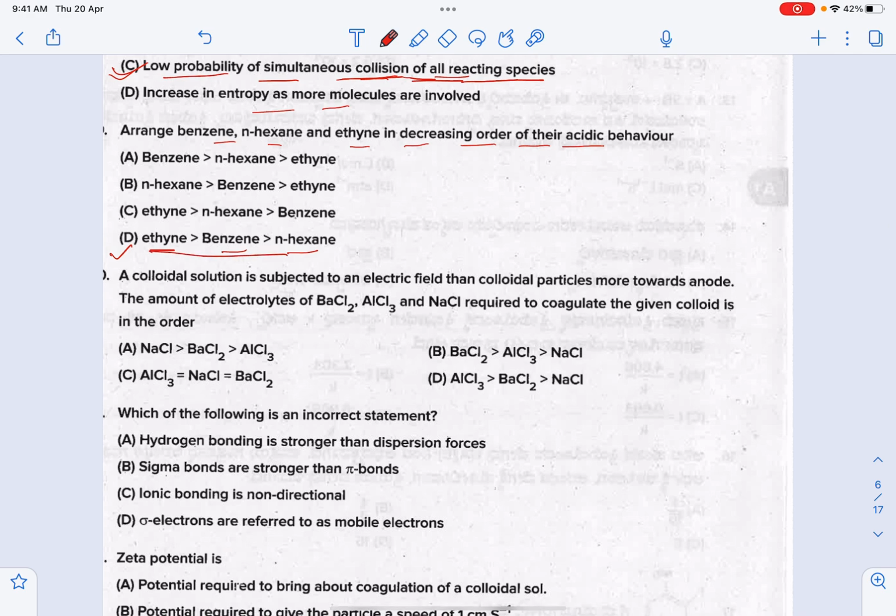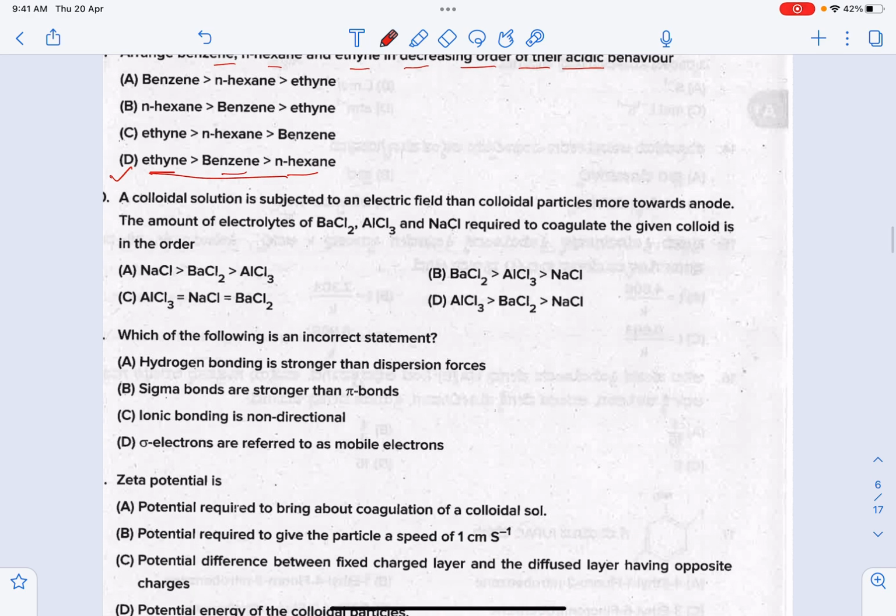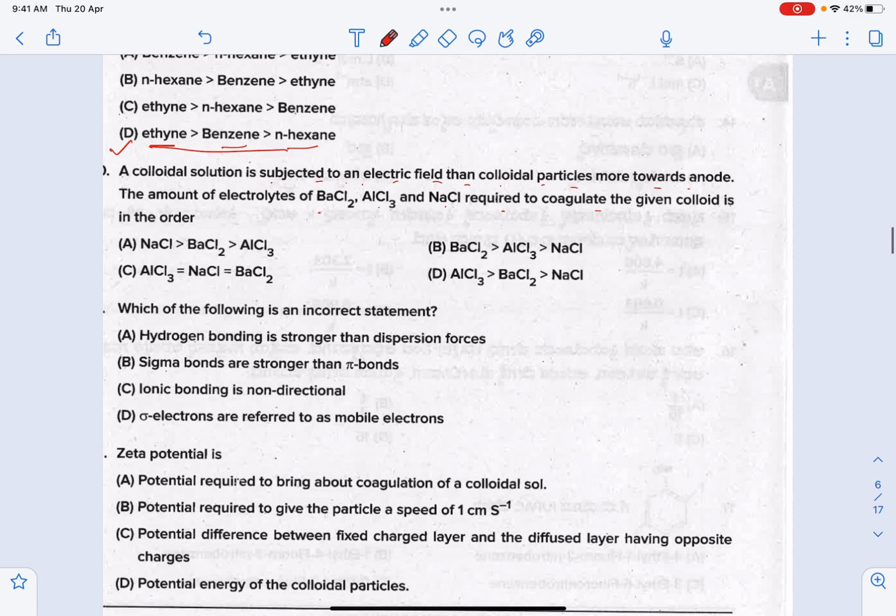Just remember this order. Next: a colloidal solution is subjected to an electric field, and the colloidal particles move toward the anode. Give the order of BaCl2, AlCl3 and NaCl required to coagulate the given colloid.